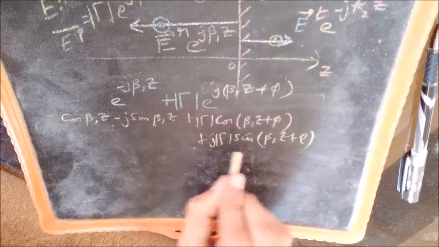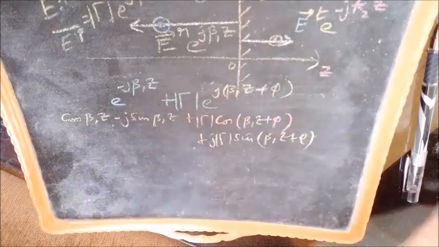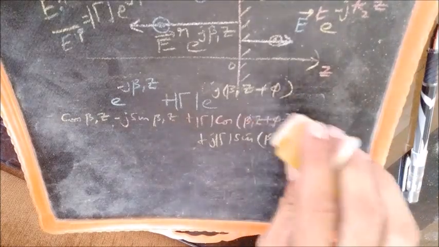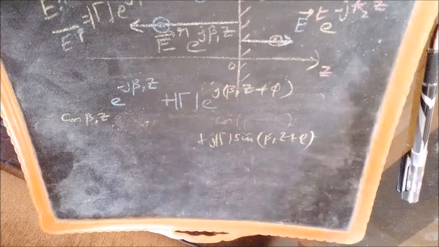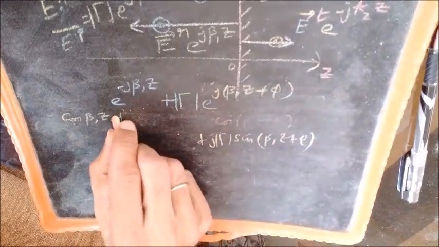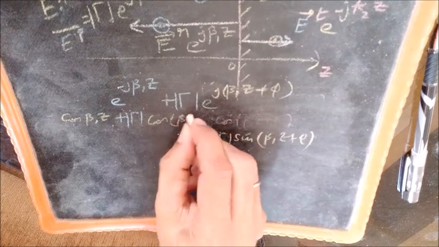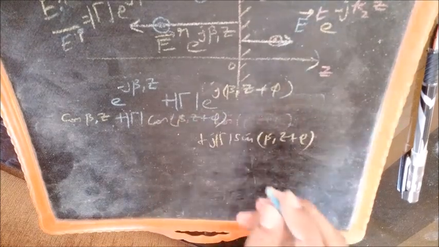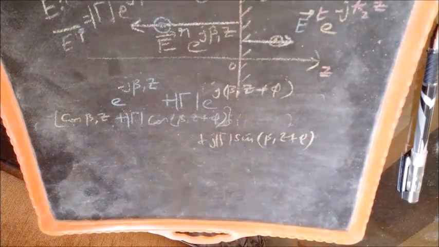You can combine these terms and write the imaginary term separately and the real term separately. So that means you can have something like this, this is the real term, and then you had a minus j.